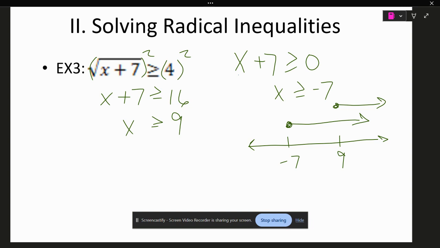Based on our equation and what we have as a solution, we want to use everything that basically overlaps. So in this case, yes, negative 7 or greater is part of our domain. However, our answer calls for something that is greater than or equal to 9. Where our arrows on our number line overlap is where we'll find our solution. And because it's a closed circle, our solution will start bracket 9, comma, infinity.